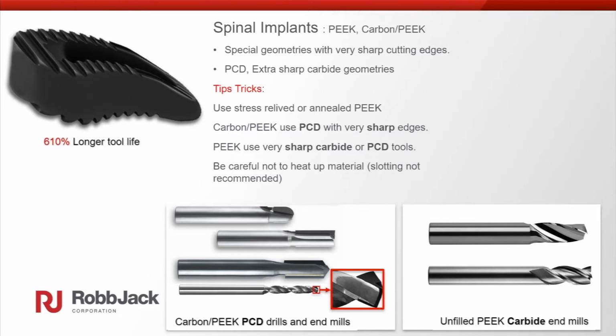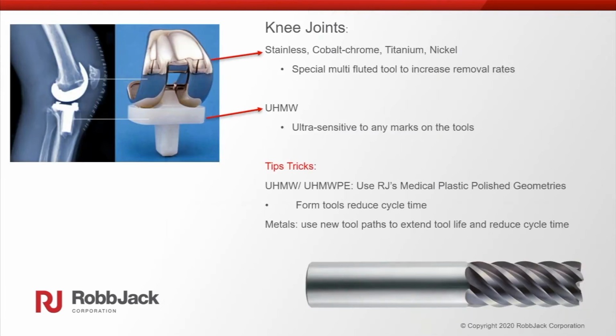Slotting, even though you can slot right through the material, a lot of times it's not recommended because you may generate excessive heat. So you may want to use a smaller diameter tool and trochoidal cut, not because the material is so difficult to cut, but because it's sensitive to those heat issues.